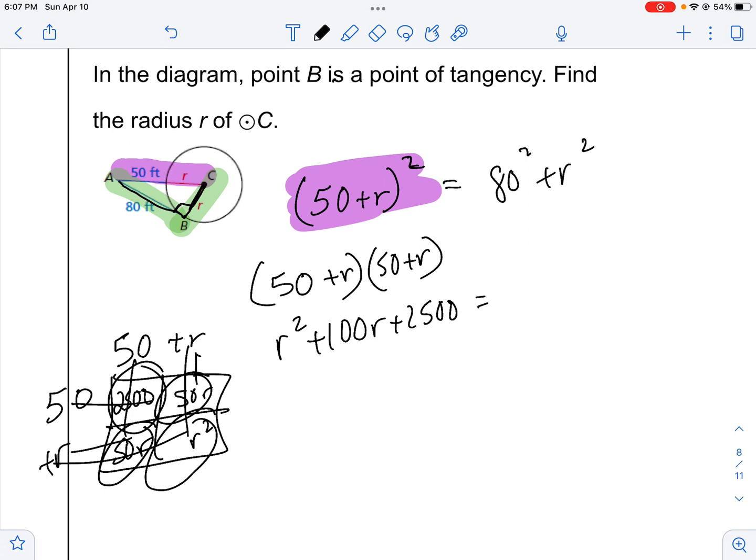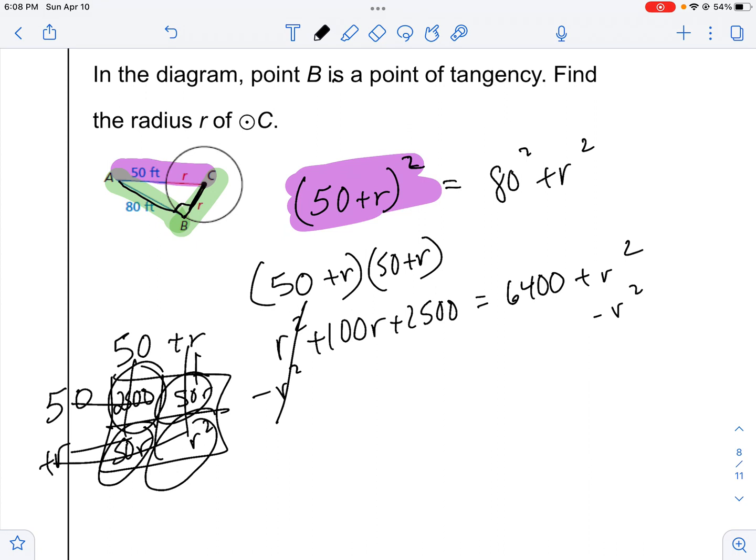And that's going to equal 80 squared plus r squared. So again, let's really test those Algebra 1 abilities. We want to combine the stuff that's the same, make sure it's on the same side. So I want to move this r squared over here and combine them.